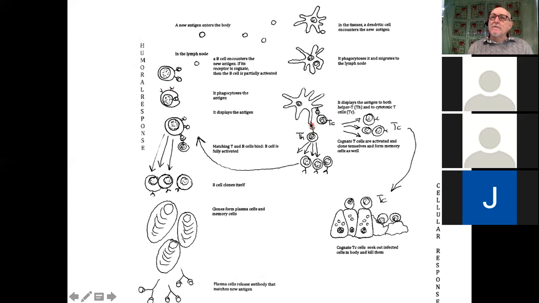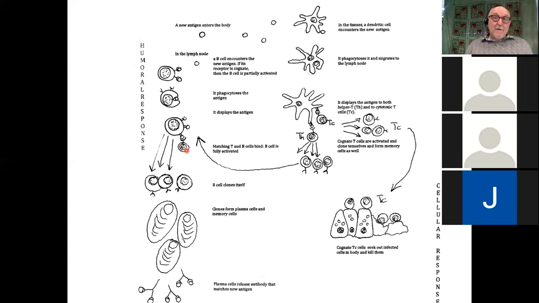It bound to it there through the MHC with the little epitope. That's how the T cell saw that was there and bound to the dendritic cell. Same thing here. It's the T cell with that specific receptor, matching the B cell receptor through the little display of antigen. That T cell now binds to its specific B cell. We say they are cognate. The T cell binds to its cognate B cell.